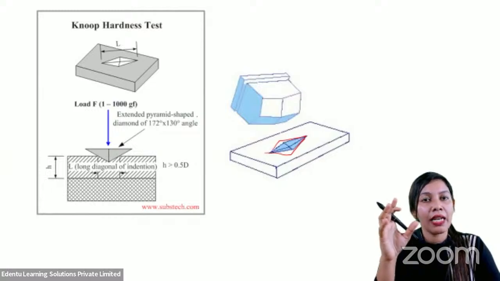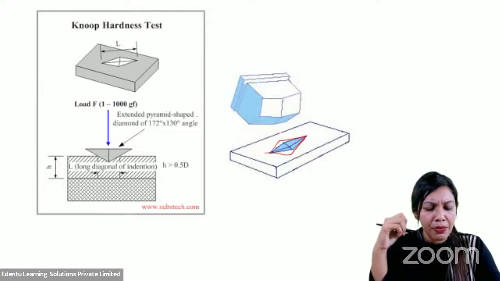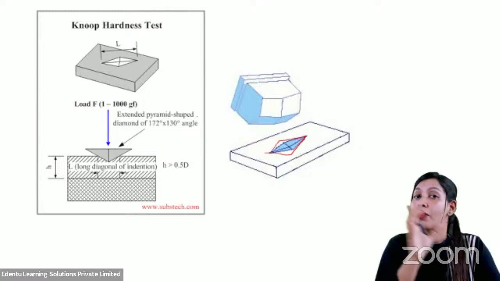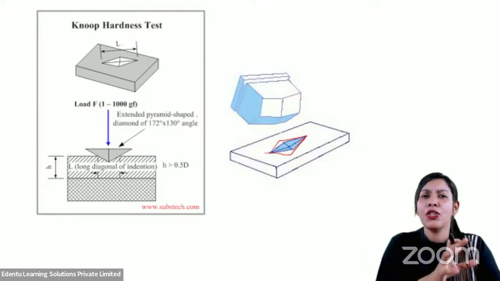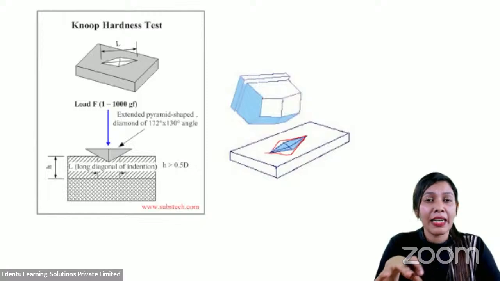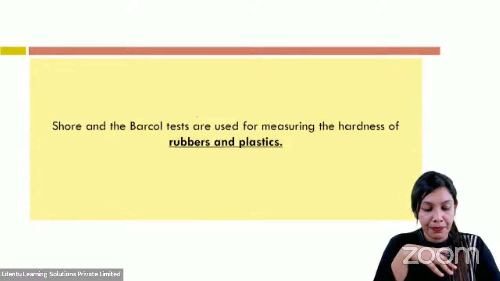The first one was like a ball, second one was like a conical diamond shape, third one was like a square shape. Here it comes like a pyramid, diamond shape. So this is very important. First two are macro hardness, the other two are micro hardness. First two we do not use for brittle material. Last two we use for brittle material. Especially Knoop hardness is used for the entire brittle material.